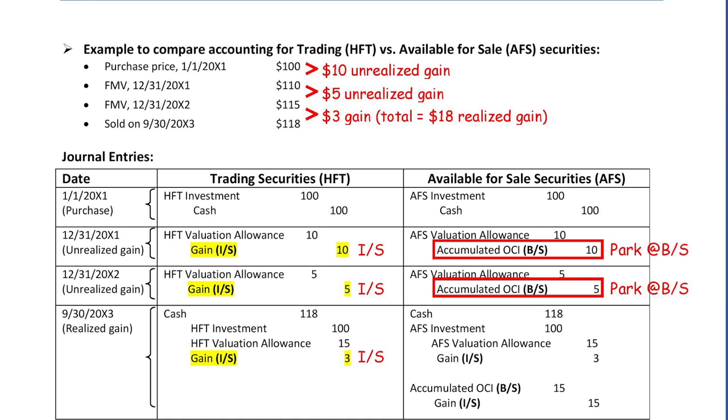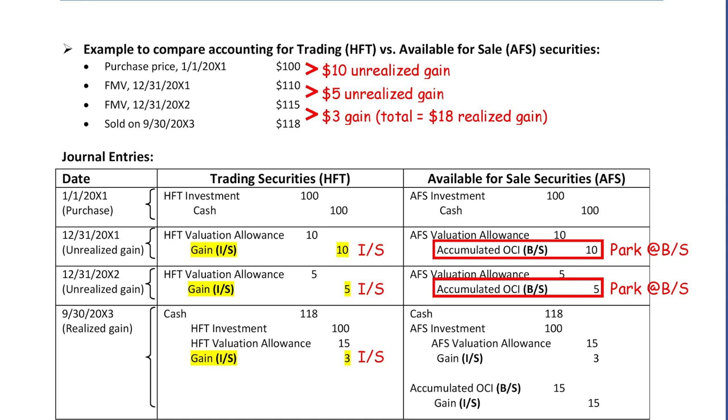Trading securities, even unrealized gains or losses get into the income statement. For available for sale securities, unrealized gains and losses do not go into net income, do not go into the income statement. They go into OCI on the comprehensive income statement, and from there they are accumulated in accumulated OCI in the equity section of the balance sheet.